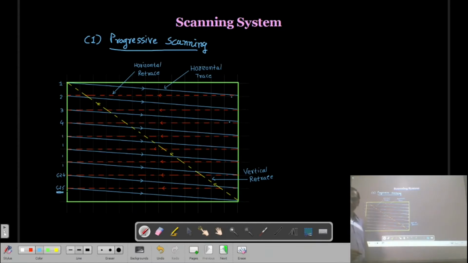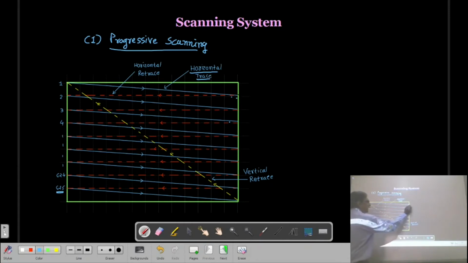Whenever line number 1 is scanned, it is collecting the information. So this line is known as the horizontal trace, or the horizontal tracing time, because during this period we are getting the information.